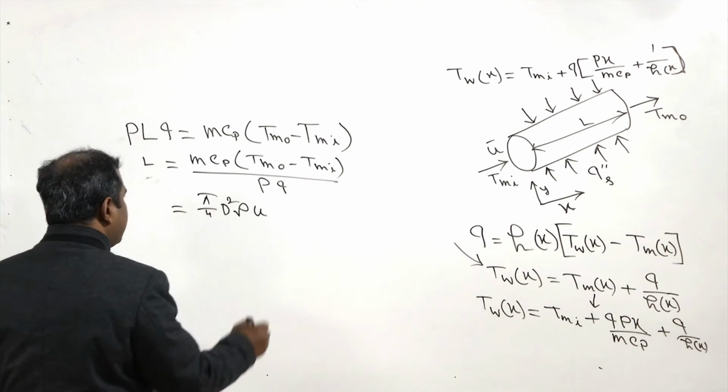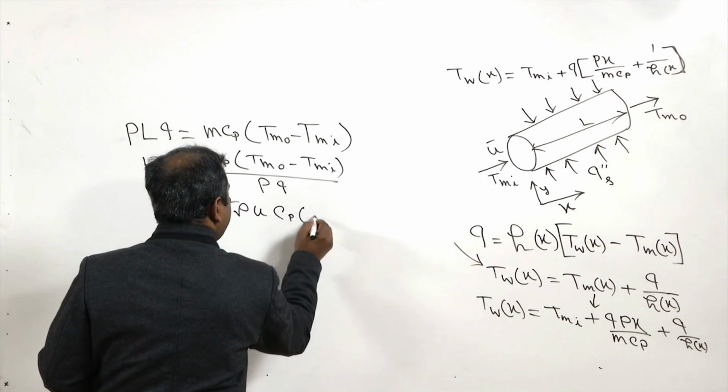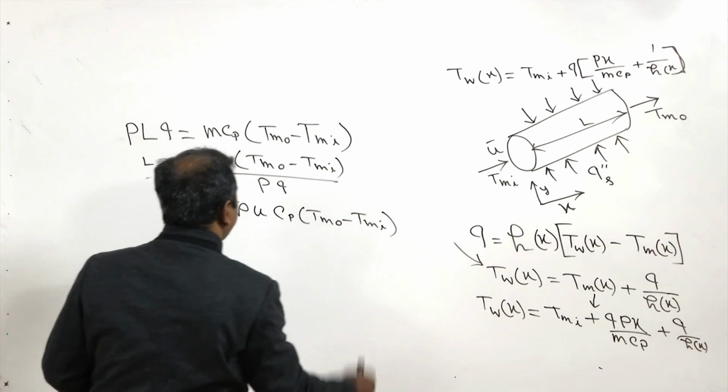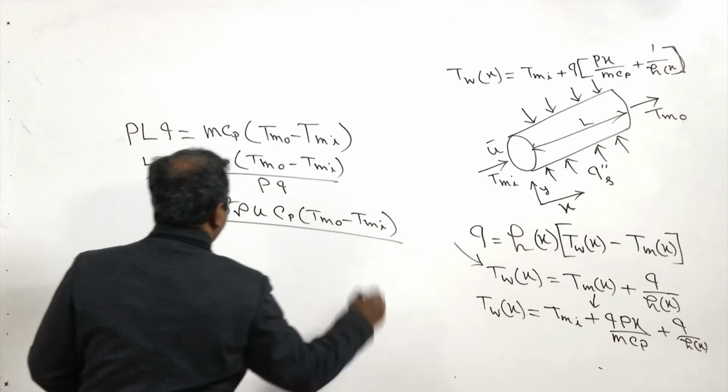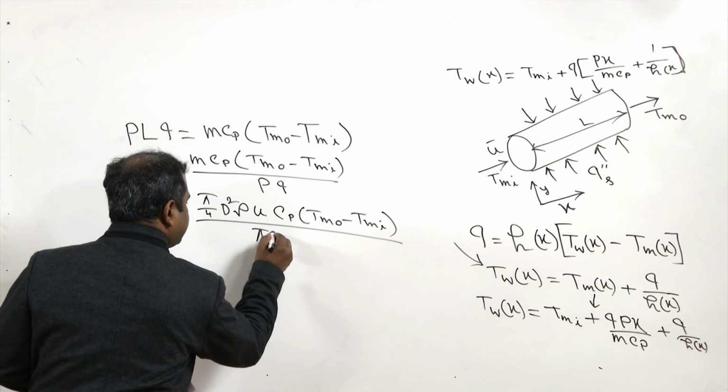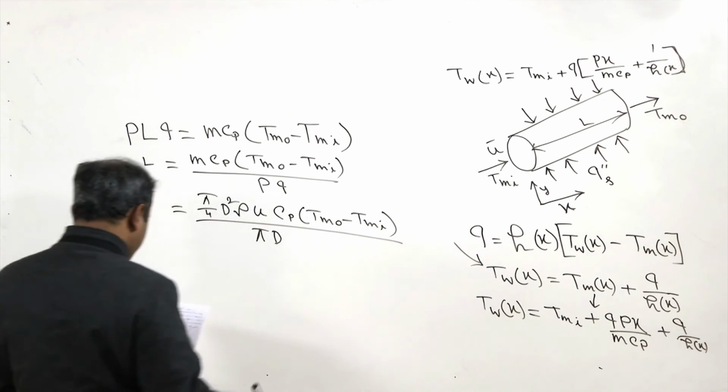Then Cp, Tmo minus Tmi will remain. In the lower side, P can be written as pi into d, which is nothing but the perimeter for the tube, and Q.